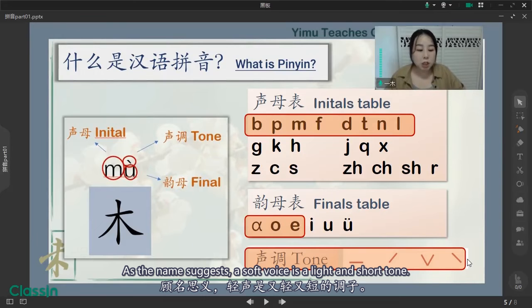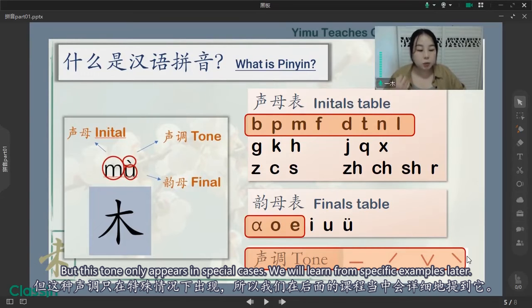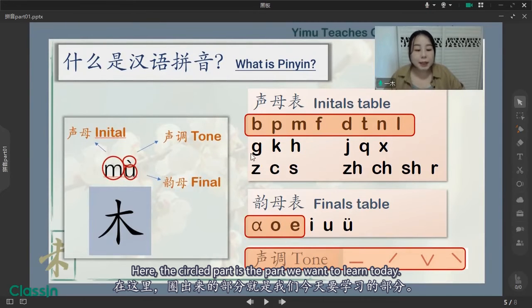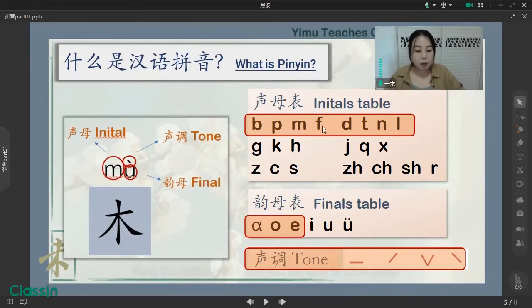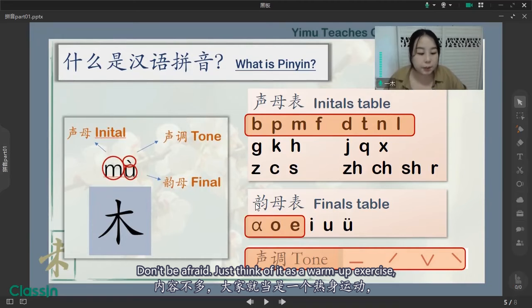As the name suggests, a soft tone is a light and short tone. But this tone only appears in special cases. We will learn from specific examples later. Here, the circled part is the part we want to learn today. Don't be afraid. Just think of it as a warm-up exercise.